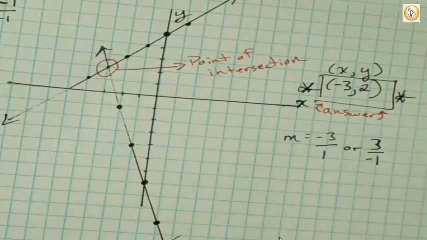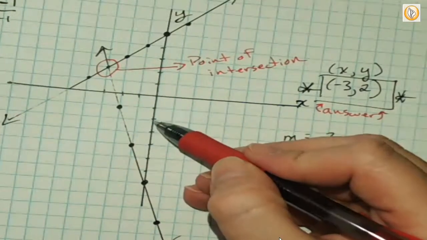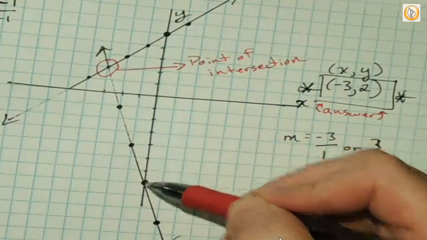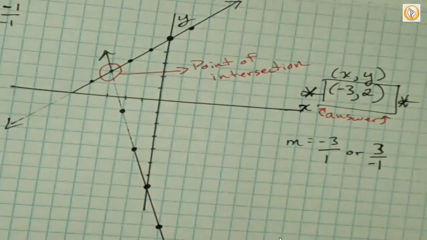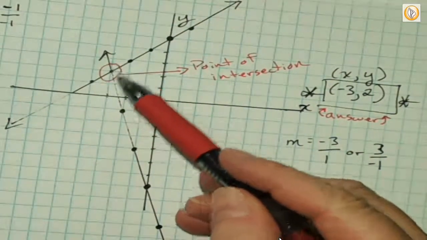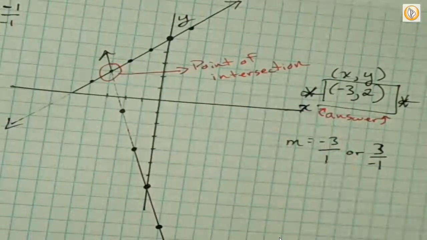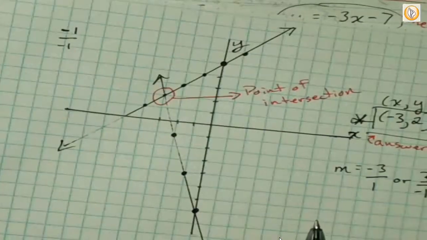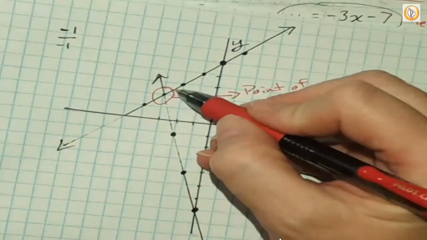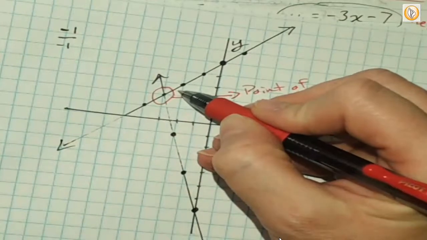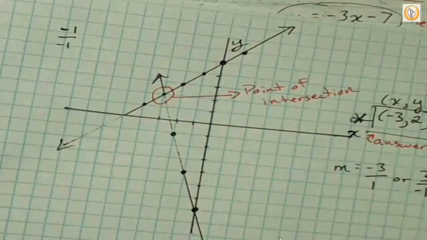Make those graphs nice and neat. Wherever they cross, you write down that ordered pair. If it crosses at a weird spot, like in the middle and not at an intersection, something's probably wrong.